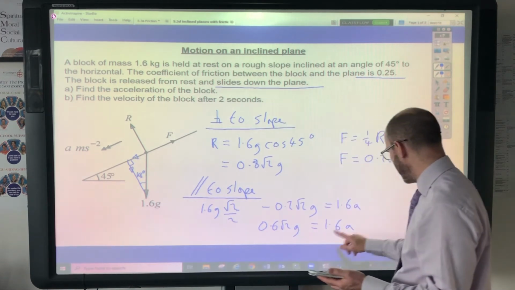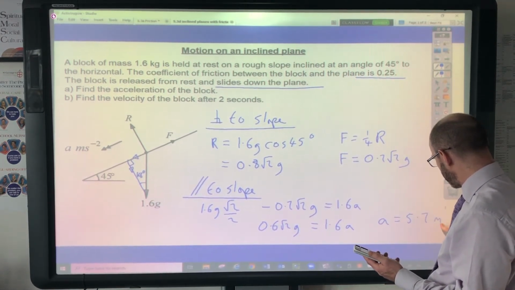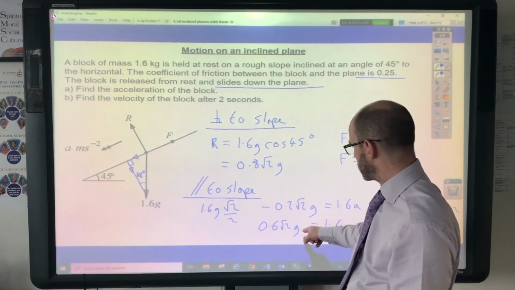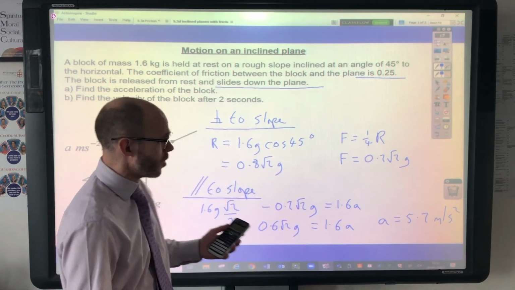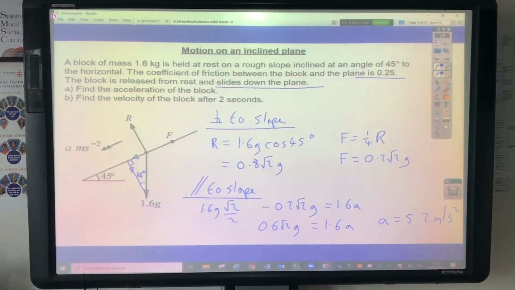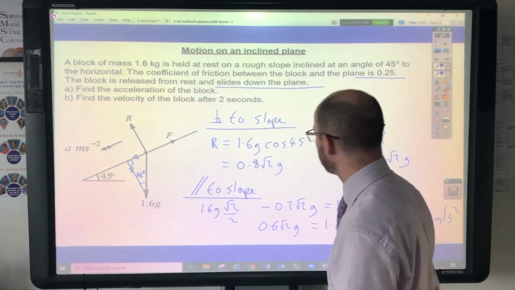So I've got a value of A equals 5.2 meters per second squared to two significant figures. Remember, if you're using G as 9.8, two significant figures is how you should round it. All okay with that? In case you want to get a screenshot, just come out of picture. If you didn't get that, obviously you rewind the video and have another go.